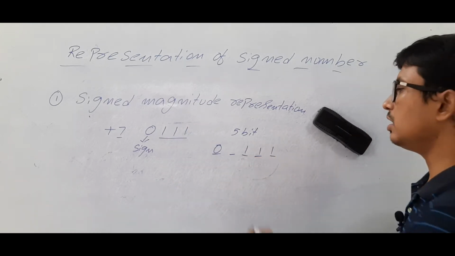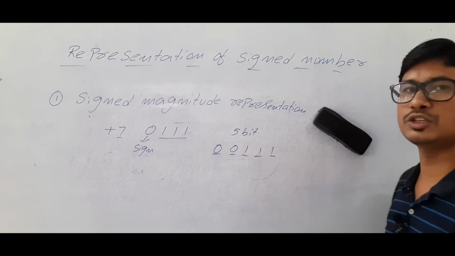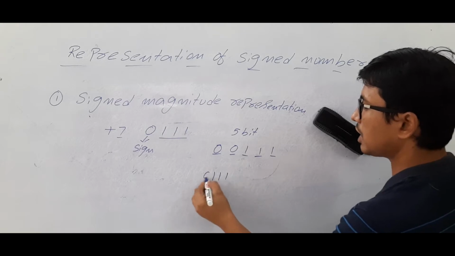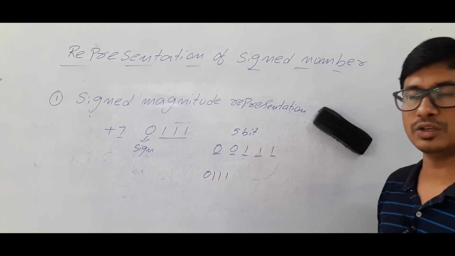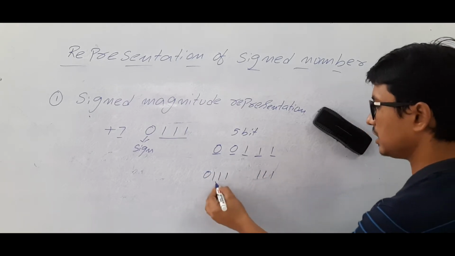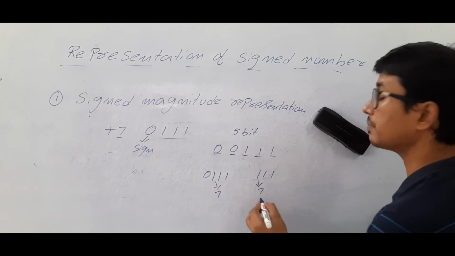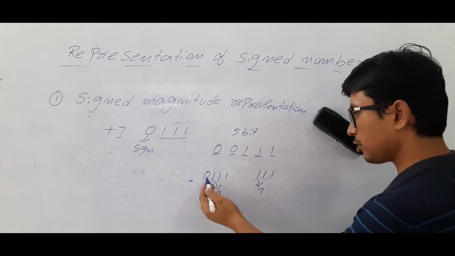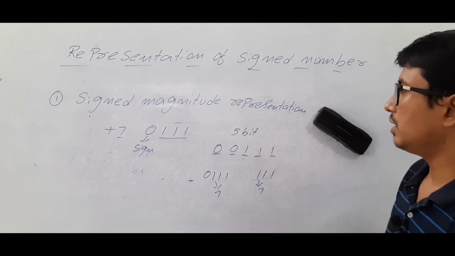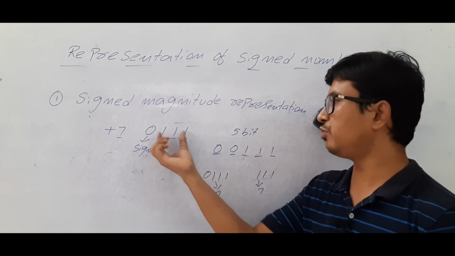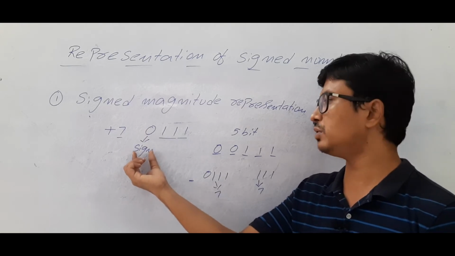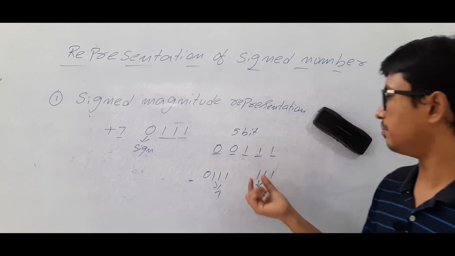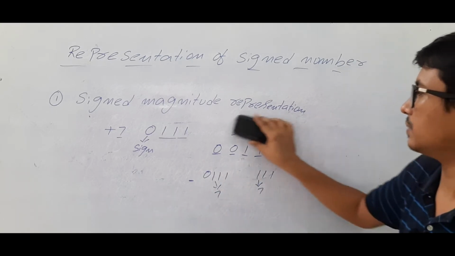Am I right or wrong? Now this 4th bit, you can keep it as a 0. Remember one thing: 3 ones and a 0, or simply 3 ones, will act as a 7 only. I am not talking about the sign bit; the sign bit is separate. Even if they ask for a 4-bit representation, out of 4 bits you take 1 bit for the sign and the remaining bits are for the binary number. That is what I want to say.